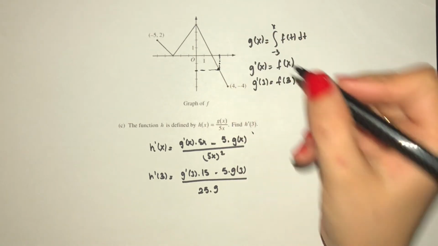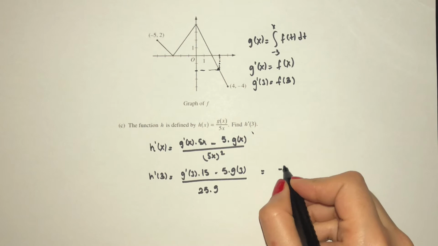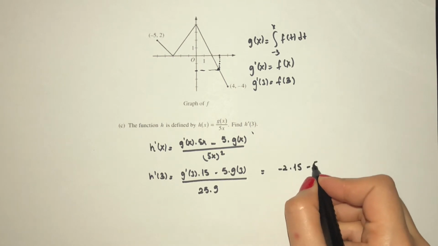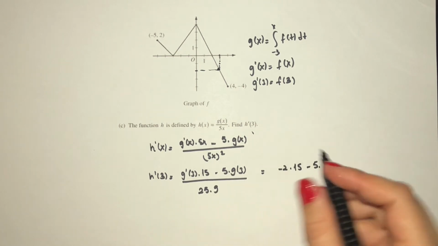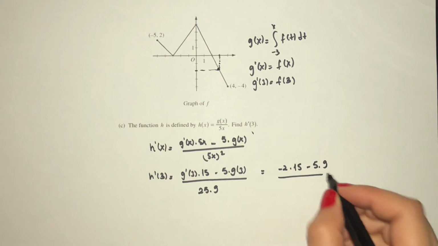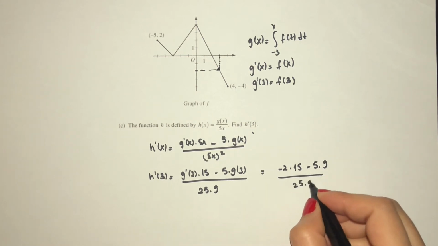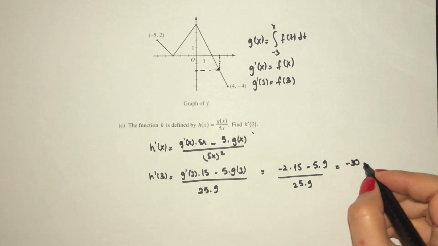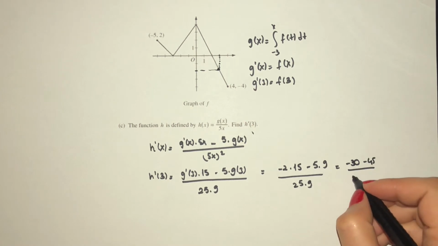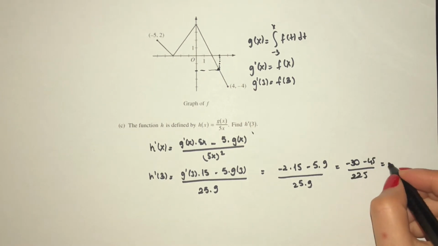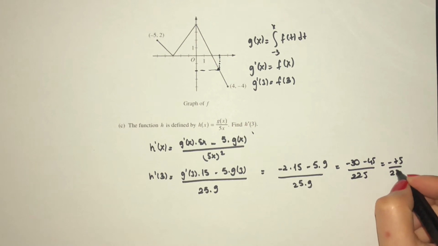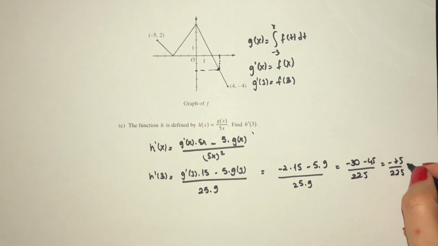We found in part A, -2 times 15, and we found g of 3 is 9 in part A, over 25 times 9. -30 and -45, -75 over 225. If we simplify, it will be -1 over 3.